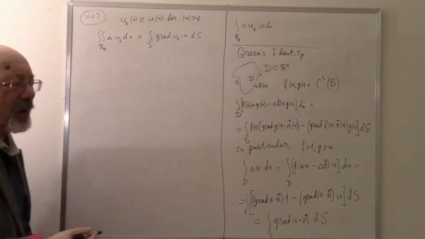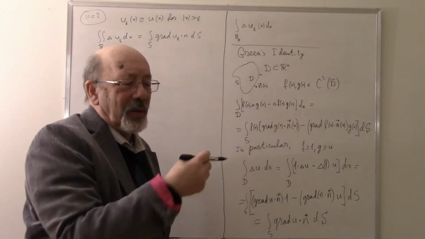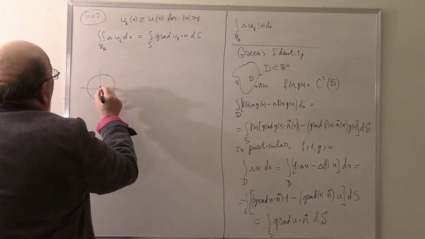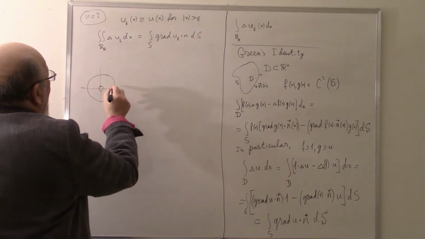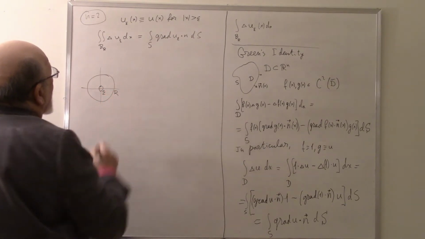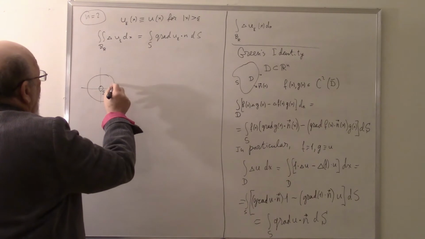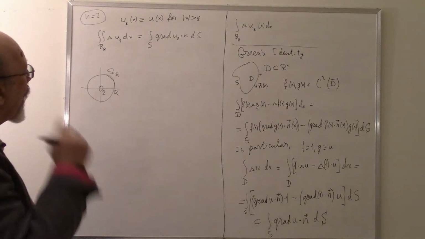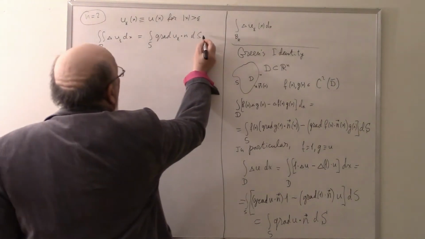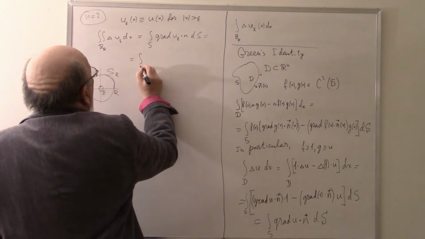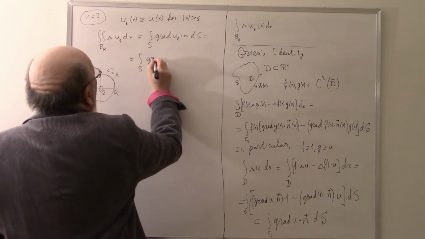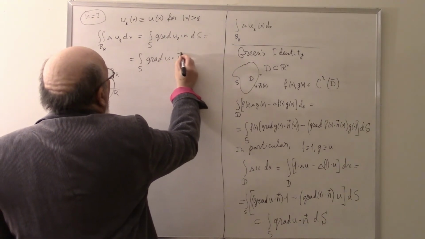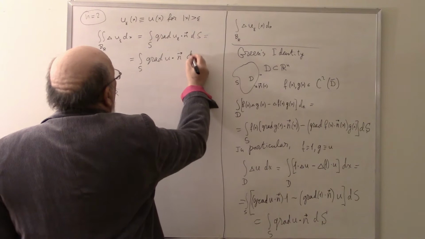On the other hand, u epsilon is equal to u on the circle of radius r. We assume that r is more than epsilon. So we have this picture: this is epsilon, and this is r, and we consider S_r. Consider the integral over S_r, which equals the integral over S of gradient u dot n ds.